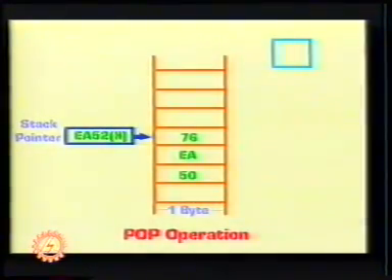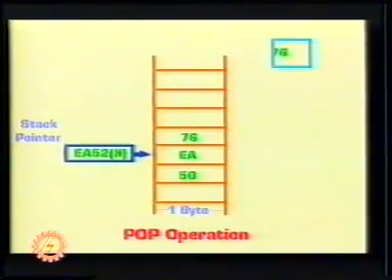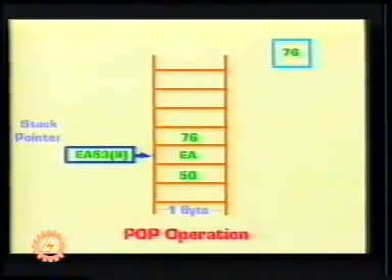Similarly, if 1 byte data is removed or popped out, the top of the stack assumes a new position, and this is indicated by incrementing the content of the stack pointer by 1.